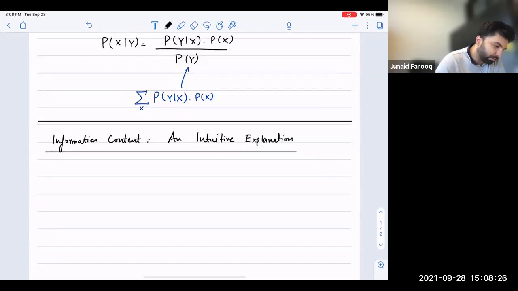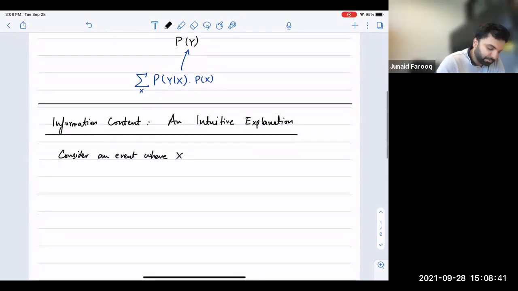So consider an event where a random variable x denotes the direction of sunrise.